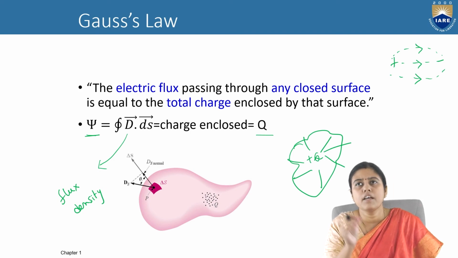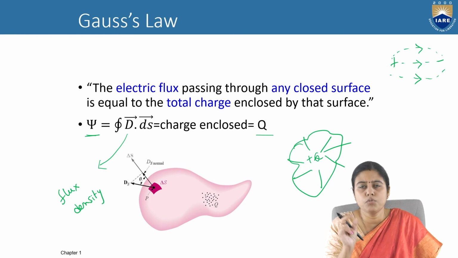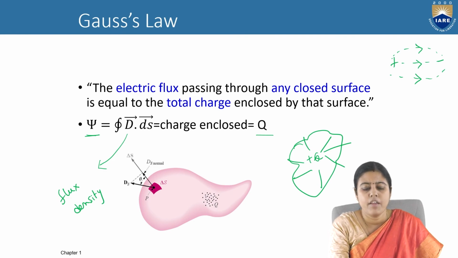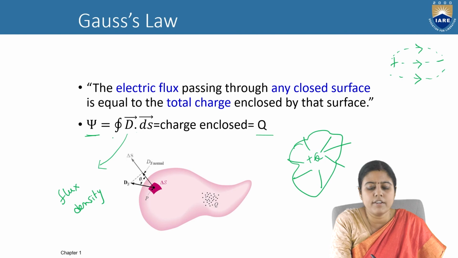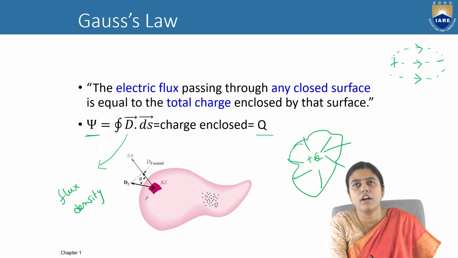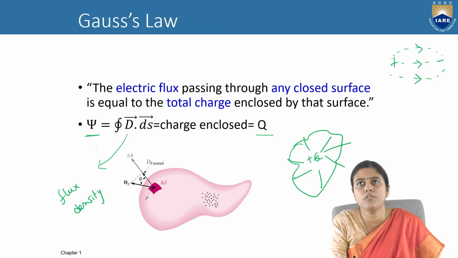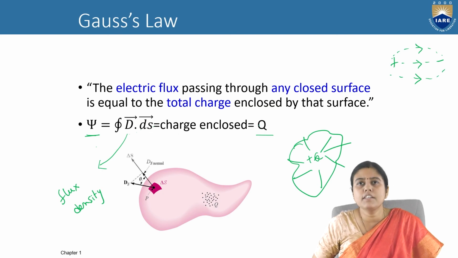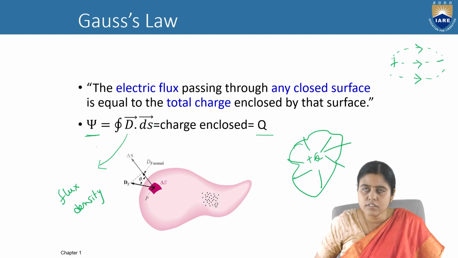Flux density means electric flux per cross-sectional unit surface area. And why is this an integration? Because this is a closed path integration. So psi is equal to the integral of D dot ds, which is equal to the charge enclosed q, and this is known as the Gauss law.